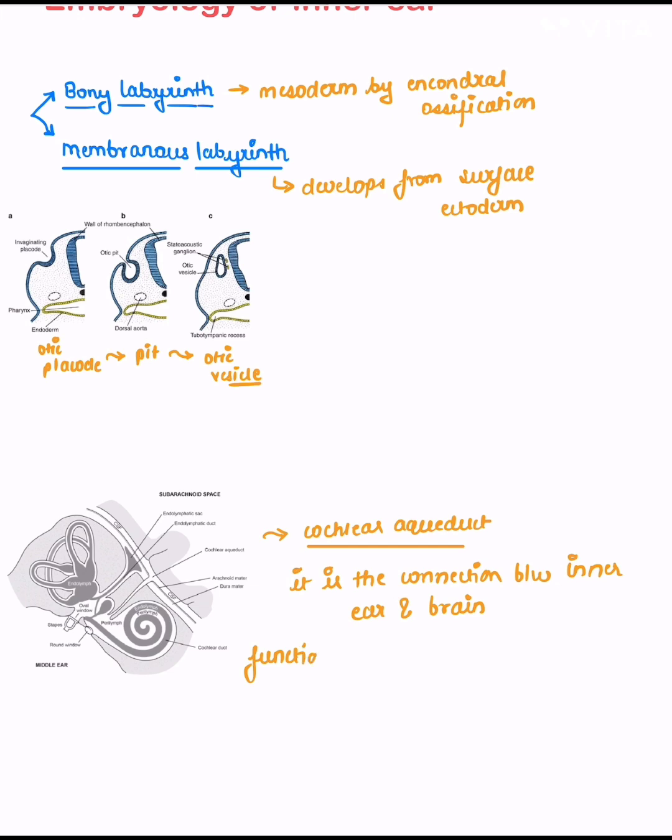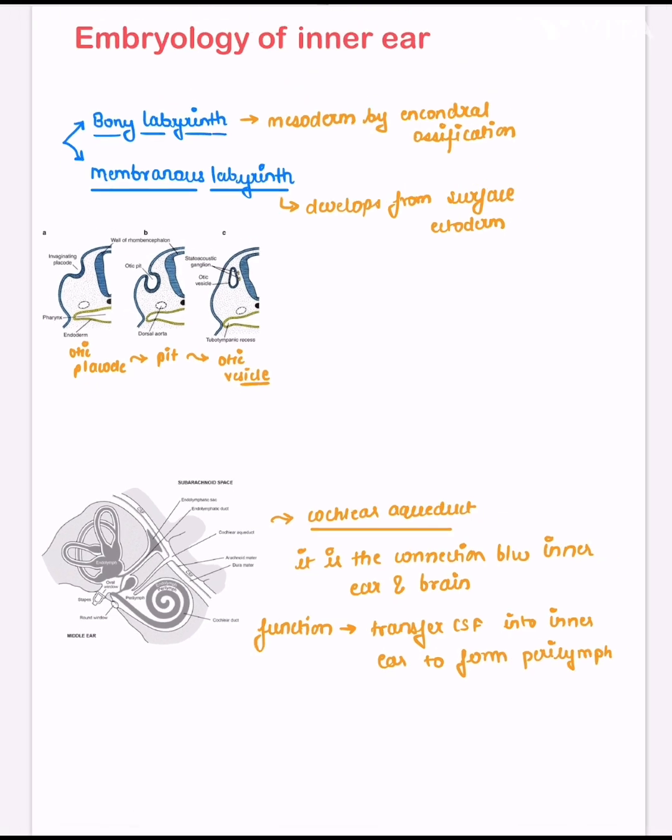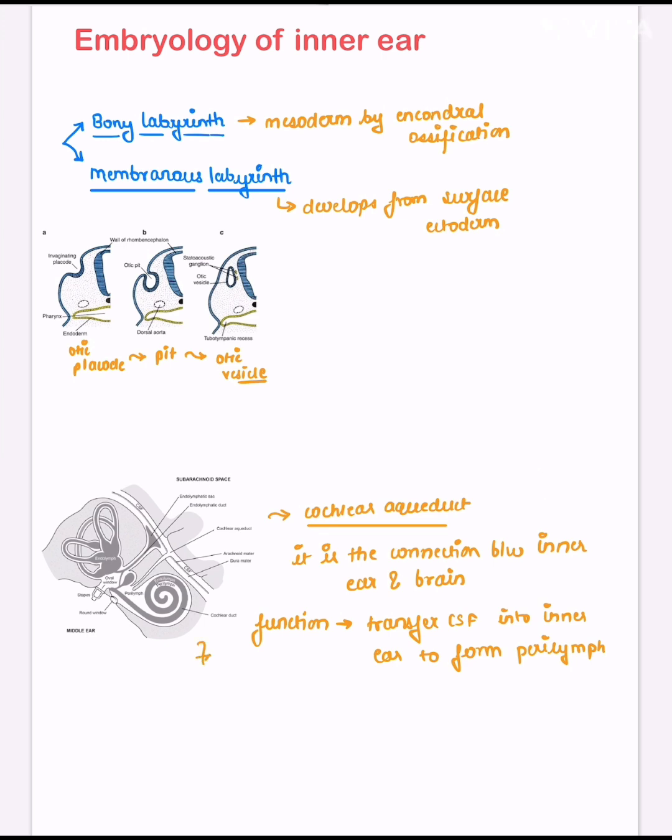Its function is to transfer CSF into inner ear to form perilymph. Infection from the brain can spread to ear via this duct and vice versa.